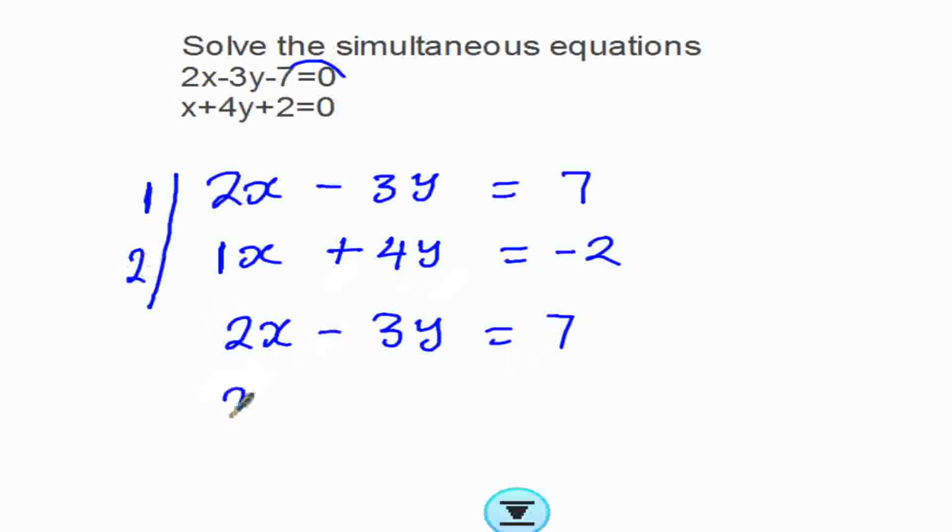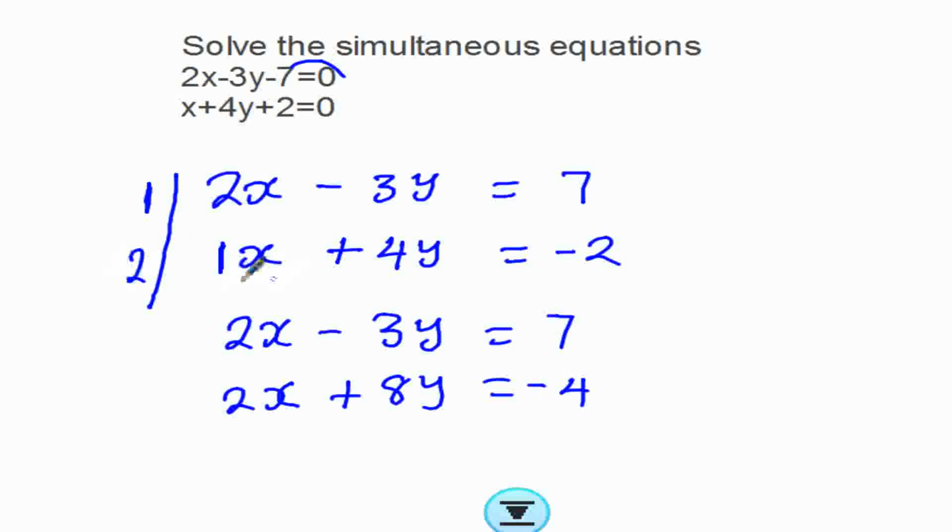And then this will be 2x plus 8y is equal to negative 4.